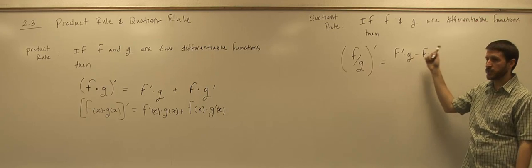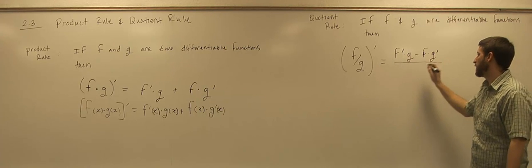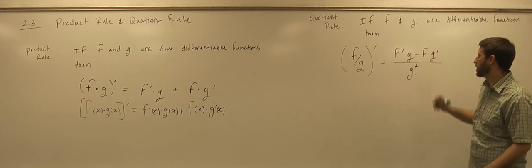So again, the prime switches, the derivative switches, but they're connected by a minus this time. And then you divide by the bottom squared.